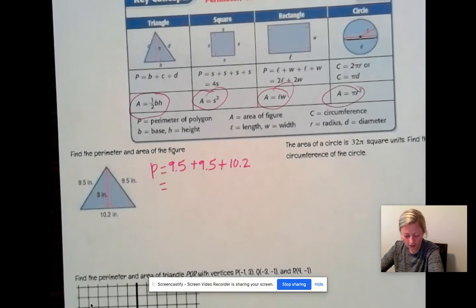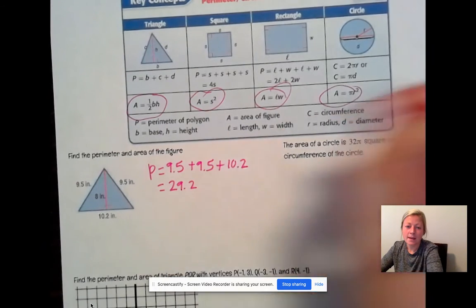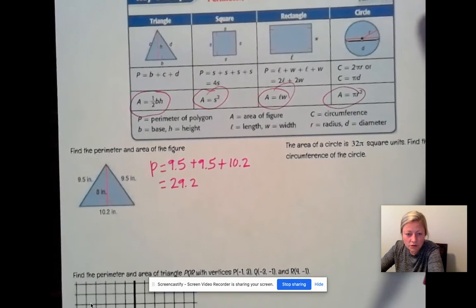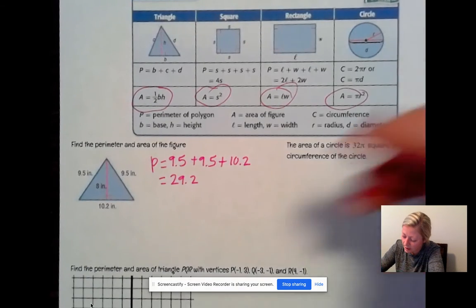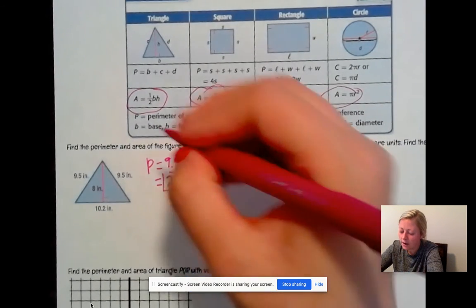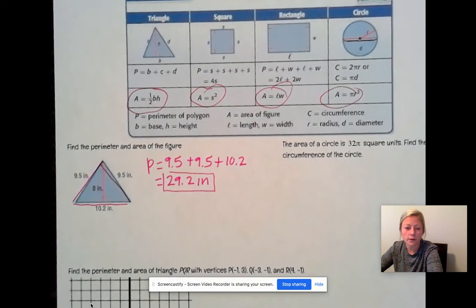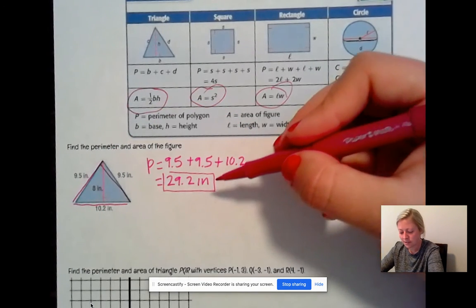If we add all of those up, we should get 29.2. Since they do give us a unit, we're in inches. So if we were to walk all the way around that triangle, we would walk a total of 29.2 inches.